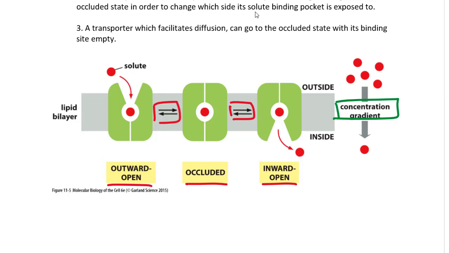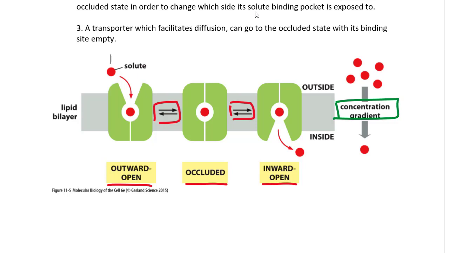There's no rule saying that it must go to inward open after going to the occluded state. So this is completely probabilistic. It will just happen by itself. The three states are about the same energy level, so any of the three states can happen. It's just that if you want to go from inward open to outward open, you must go through the occluded state. This sort of trajectory in this direction or this direction must occur.